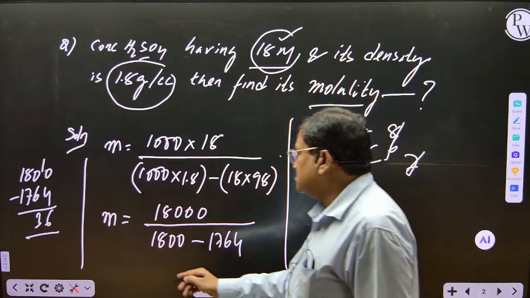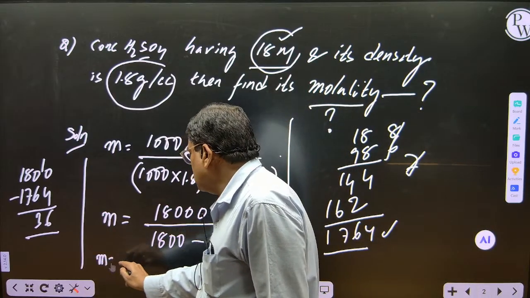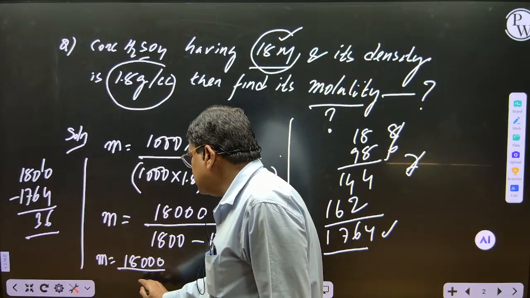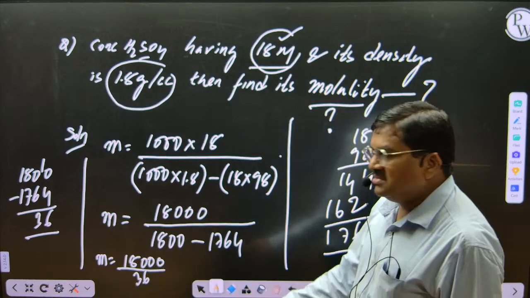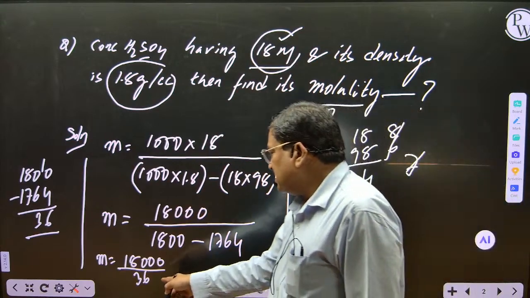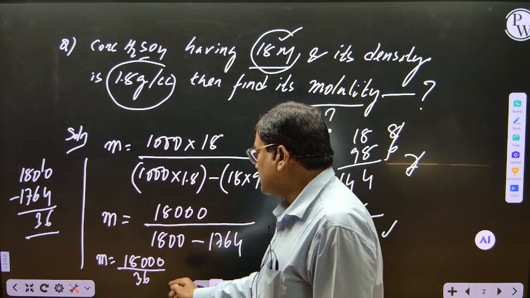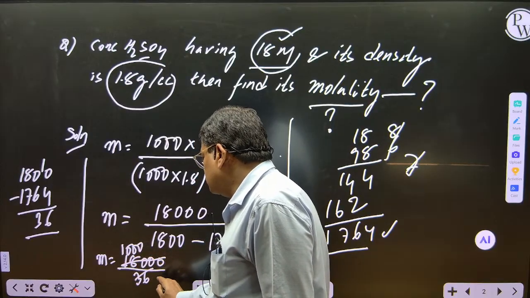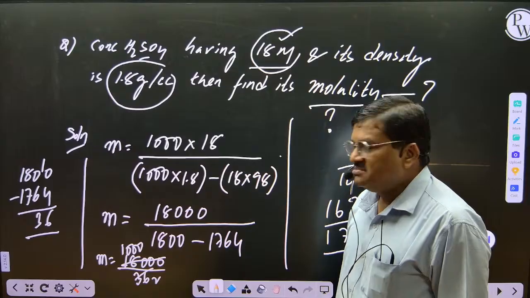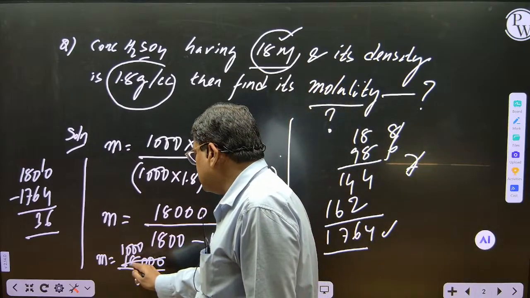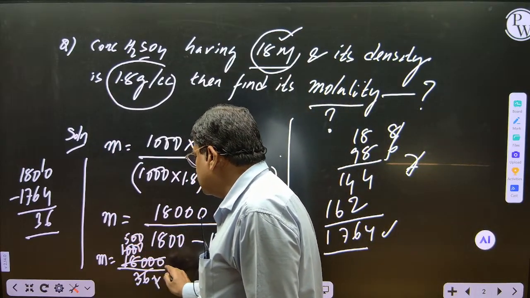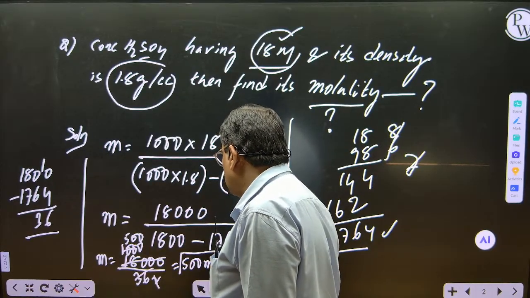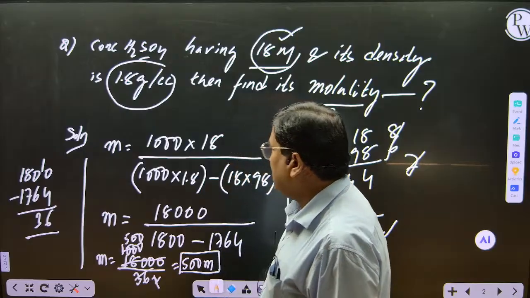So molality is equal to 18,000 by 36, and 18 can cancel 36 by 2 times, correct? This comes to 1000 by 2. So 2 will cancel 1000 by 500 times. So the final answer will be 500 molal. This should be the answer, 500 molal.